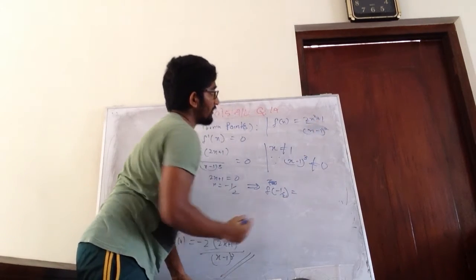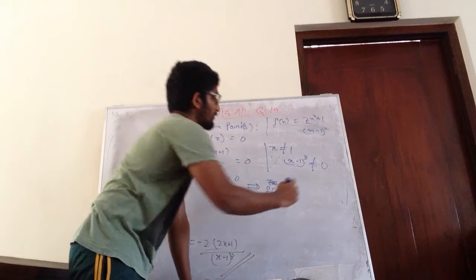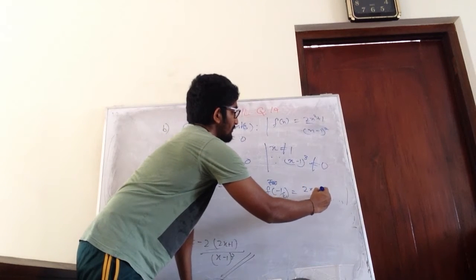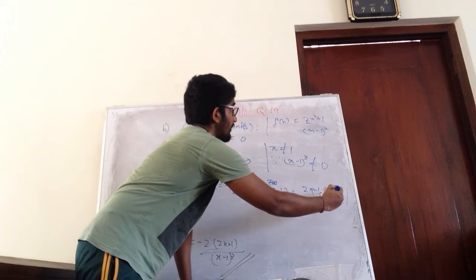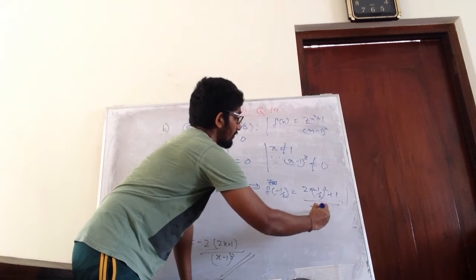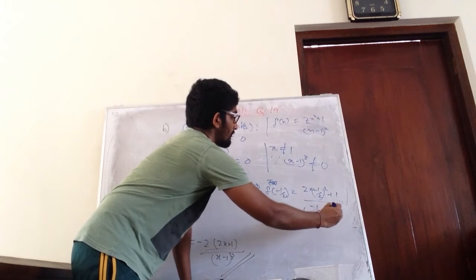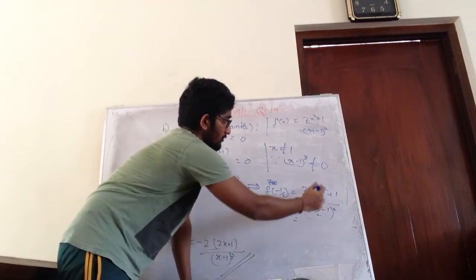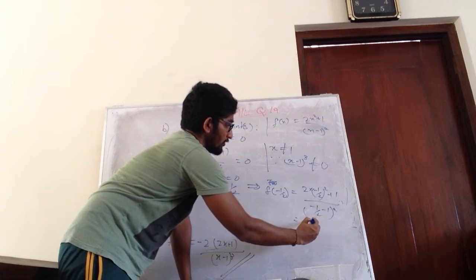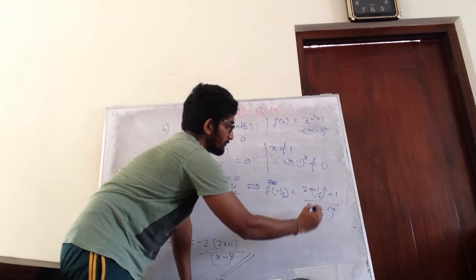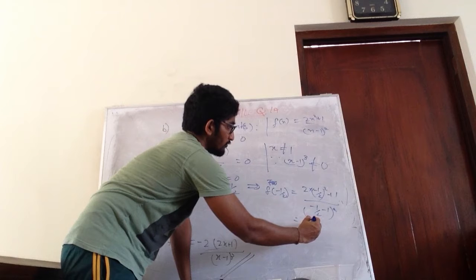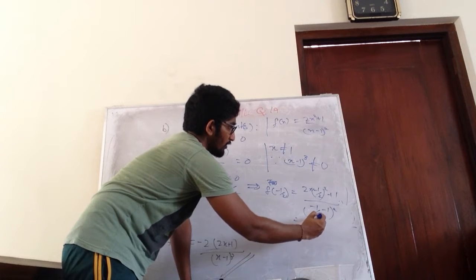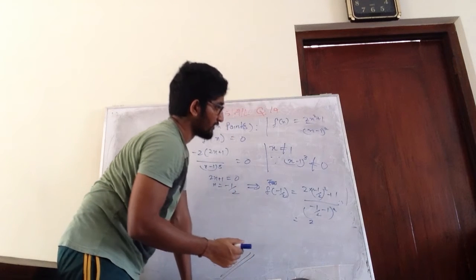So what is f of minus half? It is 2 times minus half squared plus 1, over minus half minus 1 squared. This becomes positive. So then this becomes 2.